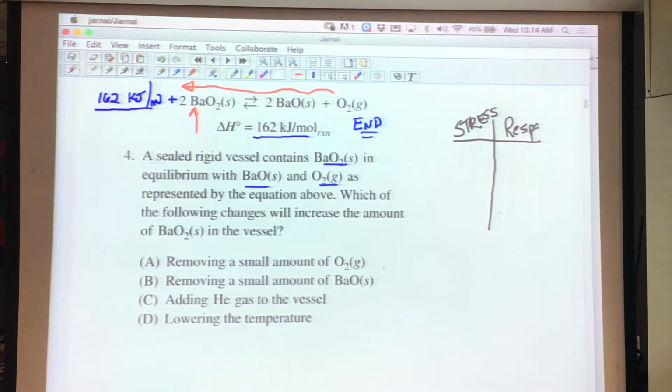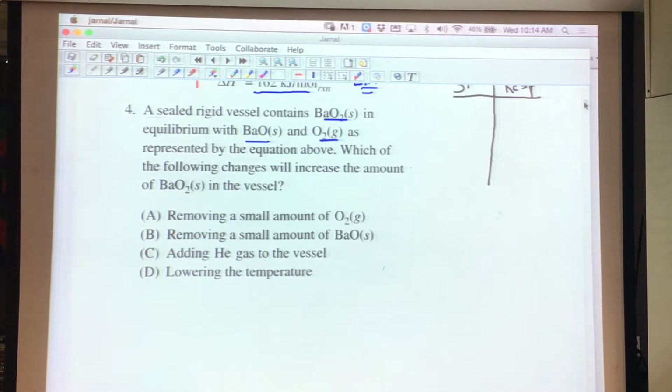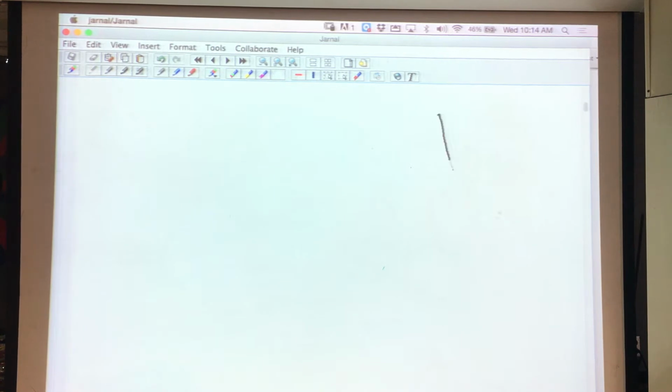The response is what the reaction does to regain equilibrium. Party people, as I've been teaching you all year, reactions want to move toward K. If my Q is greater than K, I'm going to move backwards to get to equilibrium. If my Q is less than K, I'm going to move forward.